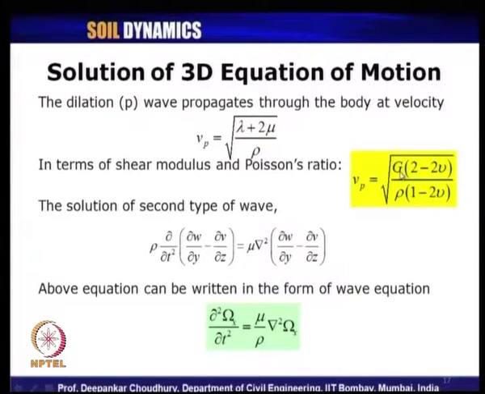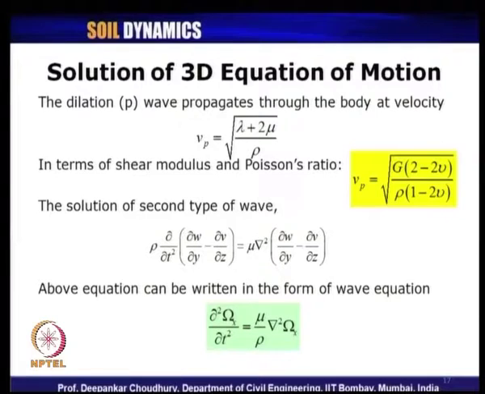G is the shear modulus of the soil, rho is the density of the soil and nu is the Poisson's ratio of the soil. And remember, this expression is valid for nu value less than 0.5.